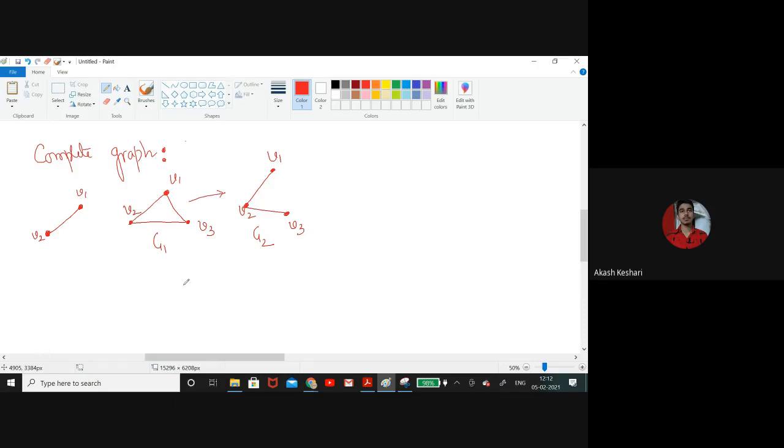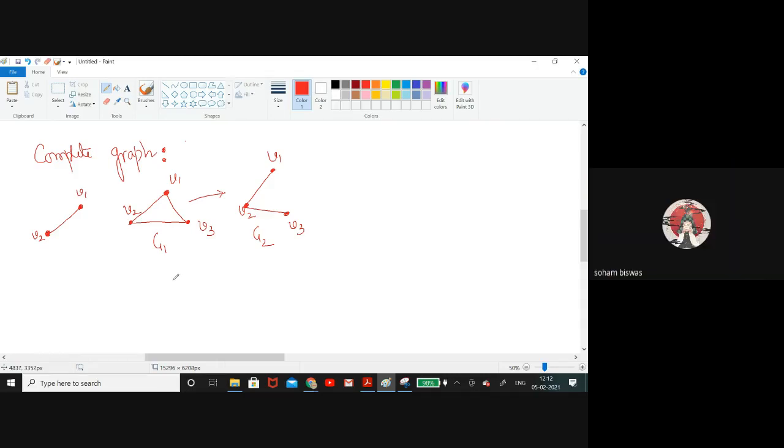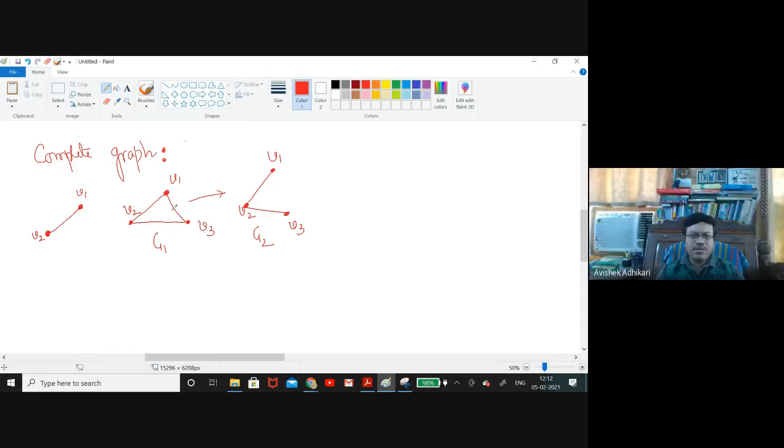Sir, G1. More connected means, intuitively, first try to think intuitively, then some formalism will come. Said G1. Because if you consider a practical viewpoint, say this is a junction, you may come through this side or you may come through this side.